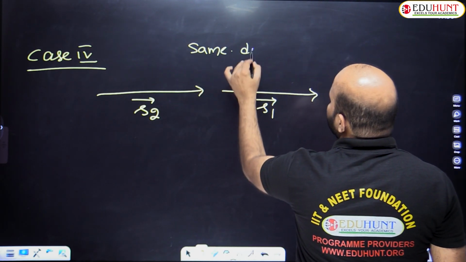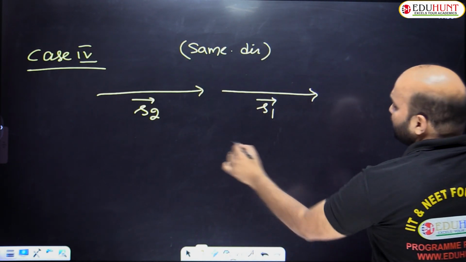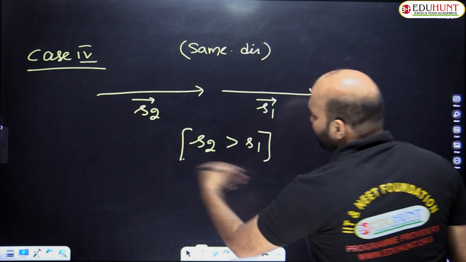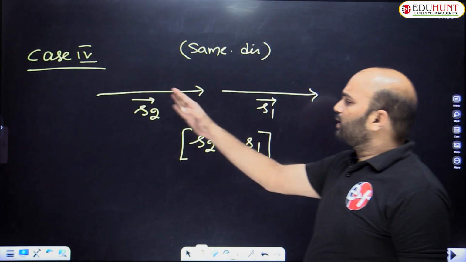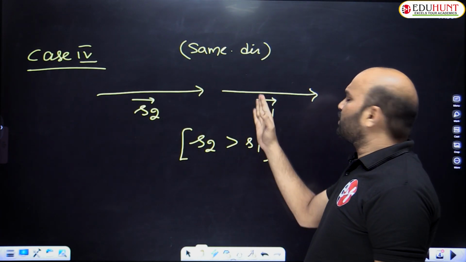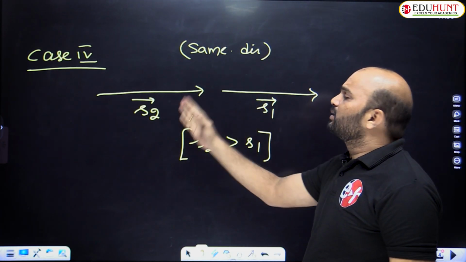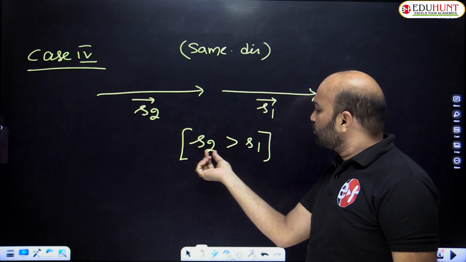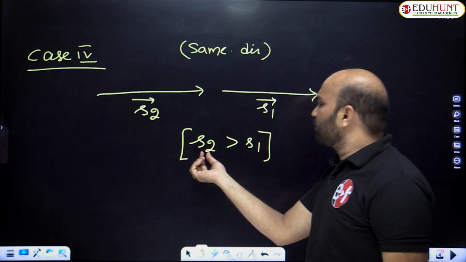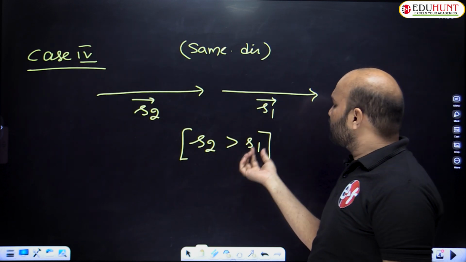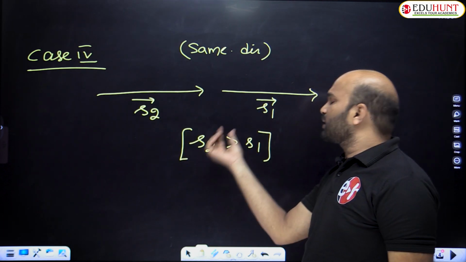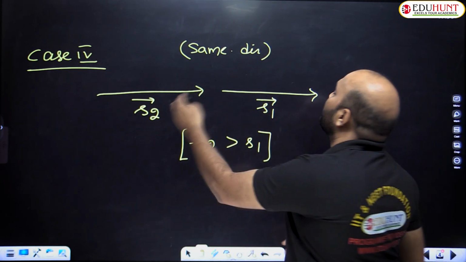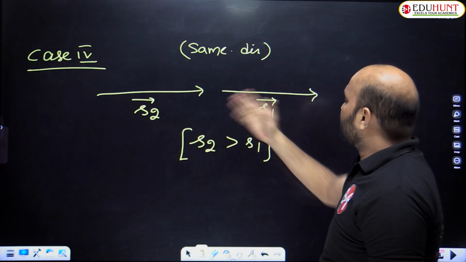Here the direction is the same. If S2 is greater than S1, that is, the speed of the second train is greater than the speed of the first train, it is possible to move in the same direction and cross or pass the first train.